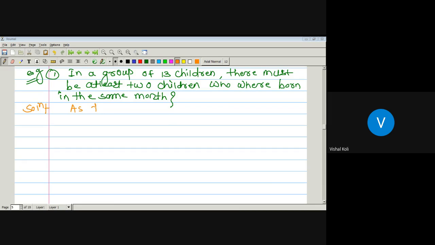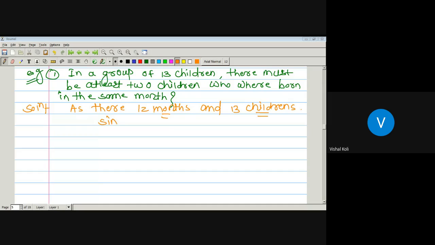As there are 12 months and given that 13 children are there. Okay, now which will play the role of pigeons and which will play the role of pigeonholes? Sorry, the 12 months play the role of pigeonholes and the 13 children play the role of pigeons.